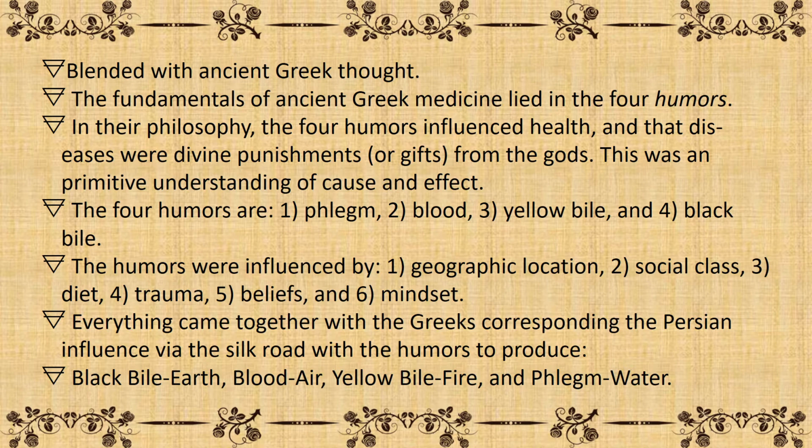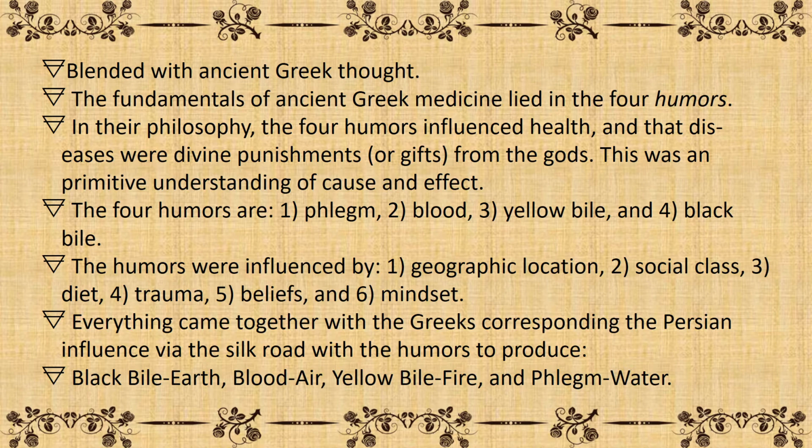But then they're also saying, we understand if you've had a traumatic life, that's going to influence the humors that are found as well. So it was very interesting because in this way, the ancient Greeks blended together metaphysics and basic natural sciences in a way that up until that point really hadn't been done.